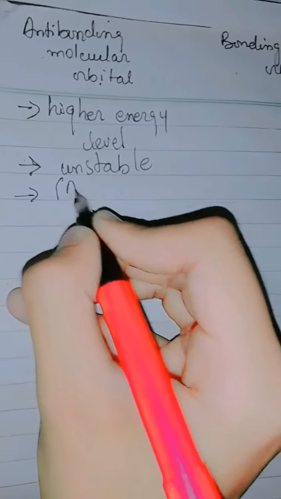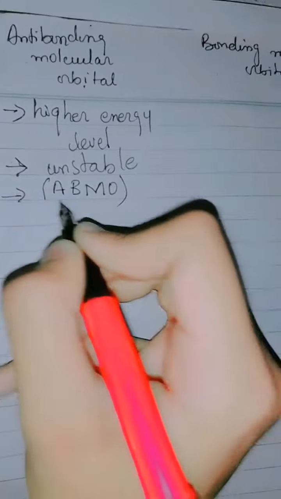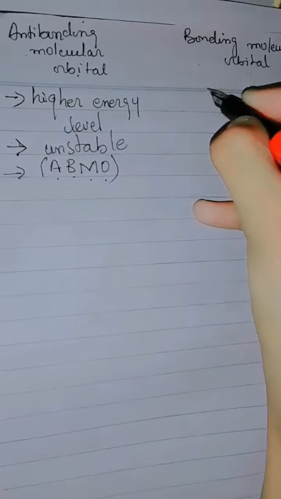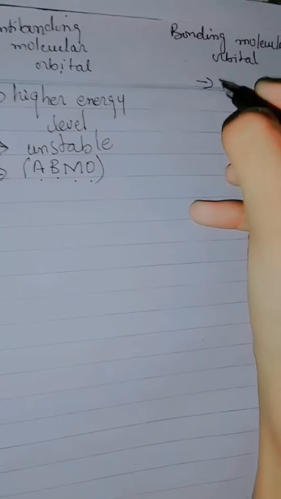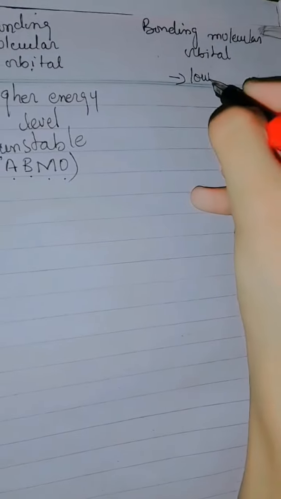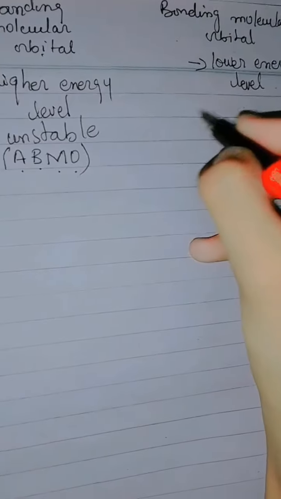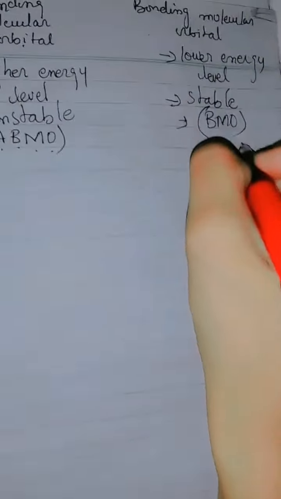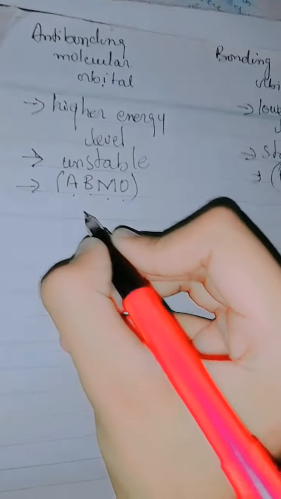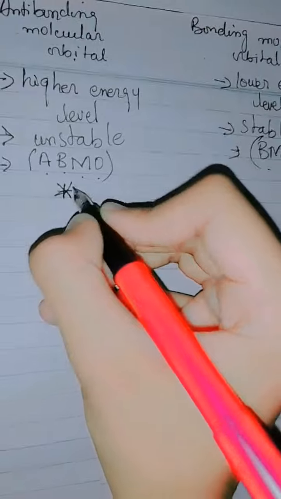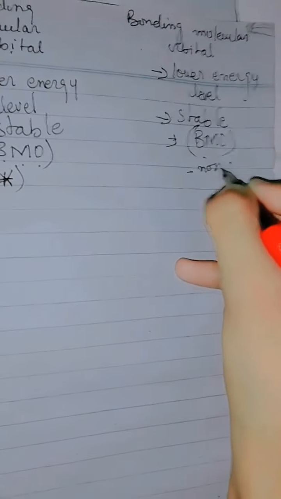The short form of anti-bonding molecular orbital is ABMO. Bonding molecular orbital is the opposite: it has a lower energy level, and due to this lower energy, it will be stable. The short form is BMO, bonding molecular orbital. As I have discussed, anti-bonding has a star sign, and bonding has no sign.